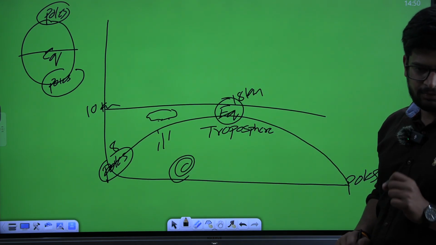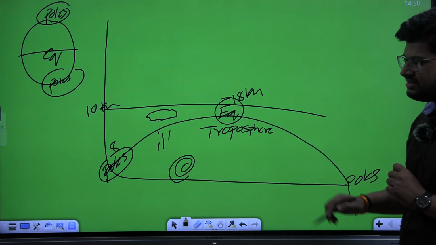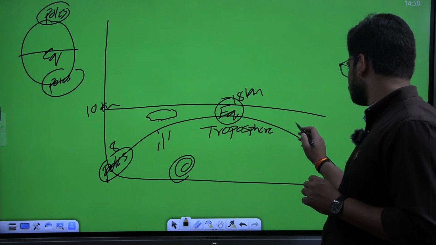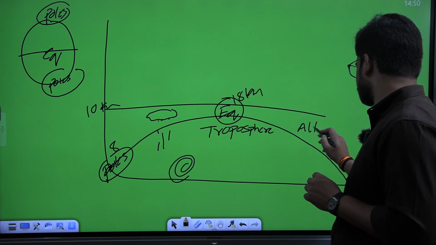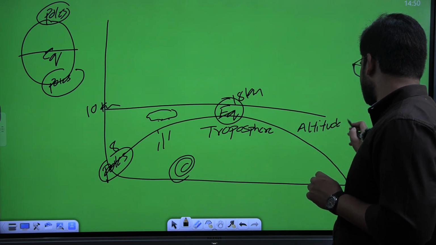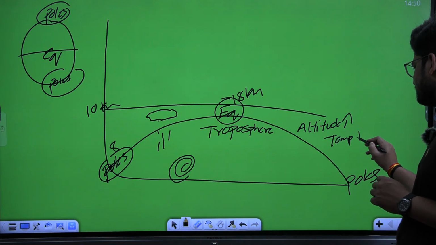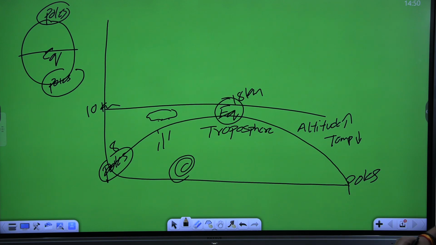And one more thing, in troposphere, with increasing altitude, temperature decreases. How much does it decrease?